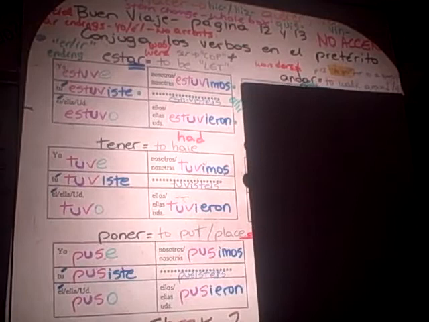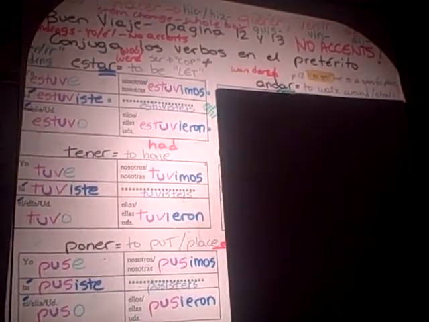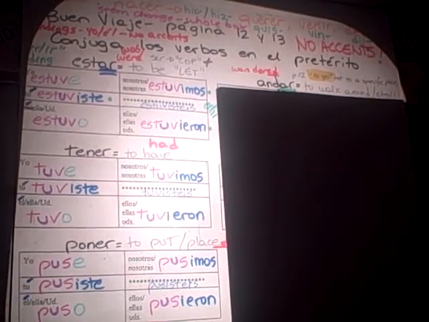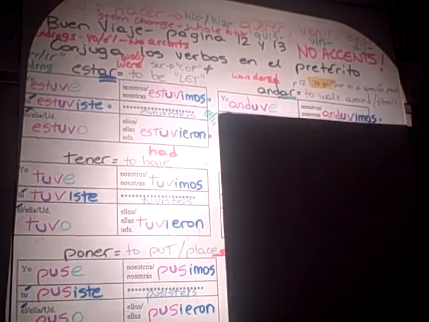Alright, then the verb andar. You walked or strolled around somewhere. Again, you can look on page 12, it has a note about it being to go but not to go somewhere specific. Okay. What is the beginning whole stem change for andar? Good. A-N-D-U-V, so anduv. And then your new set of endings.